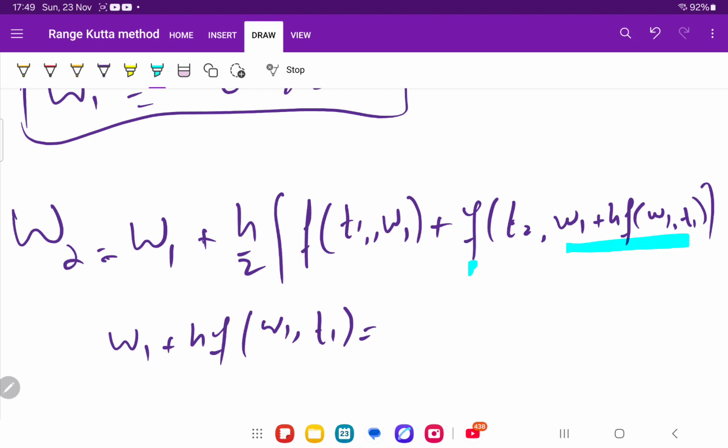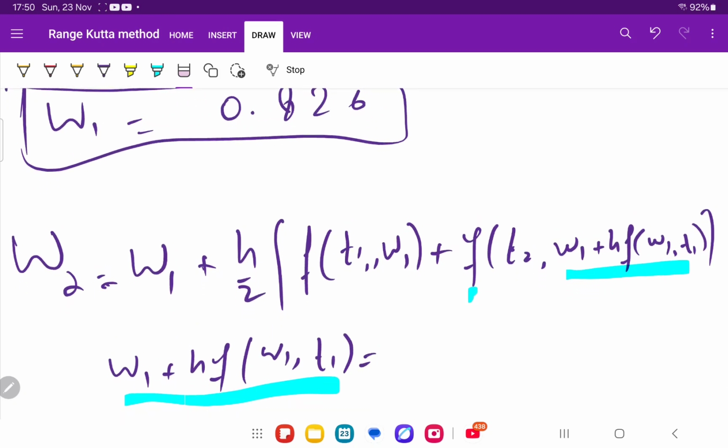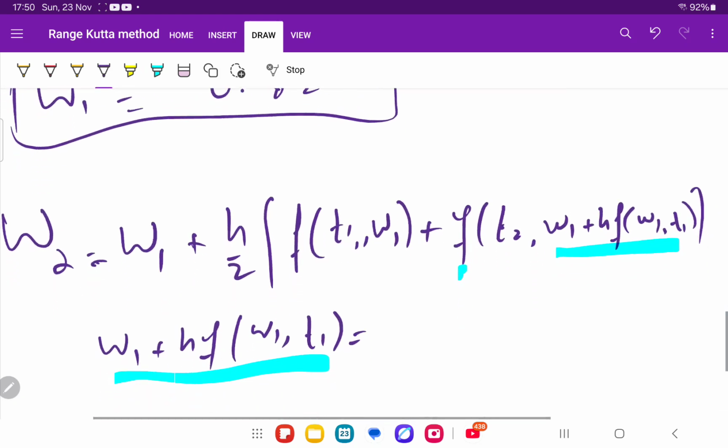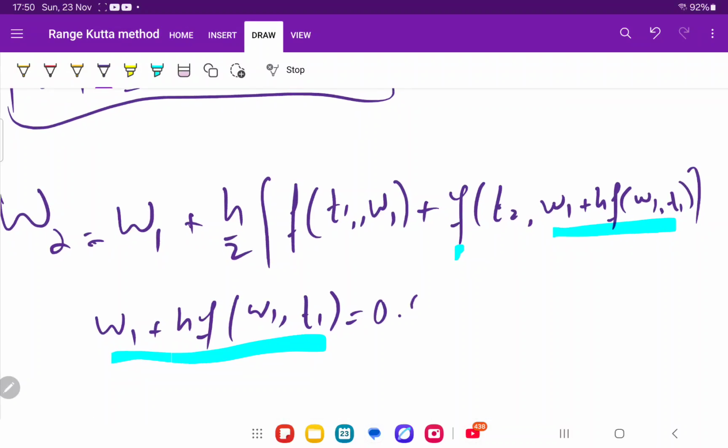For this term, again we need w1, which is 0.826, plus h, 0.2, multiplied by f of w1 and t1.